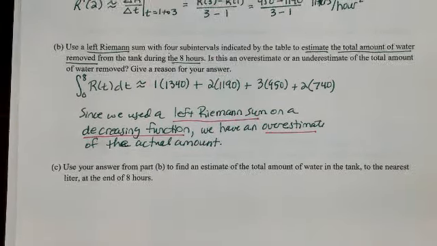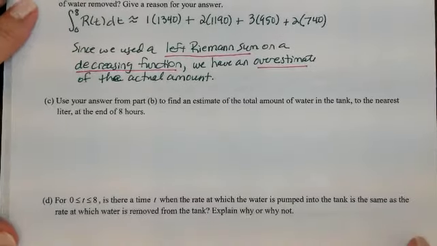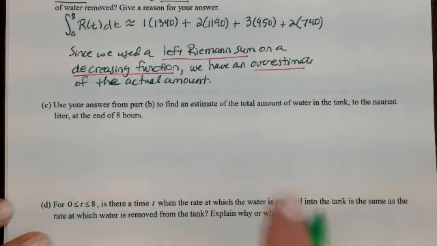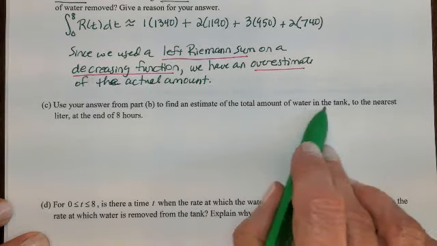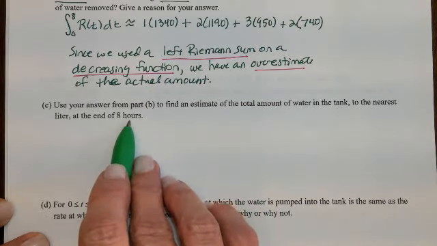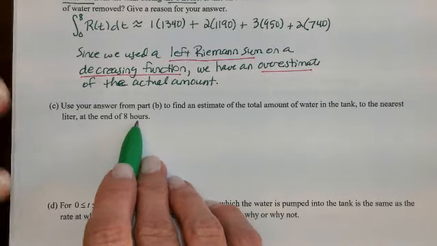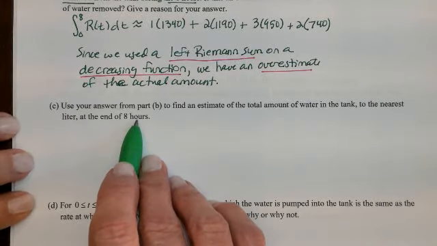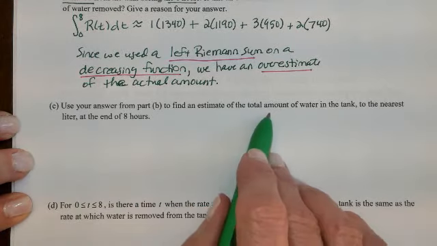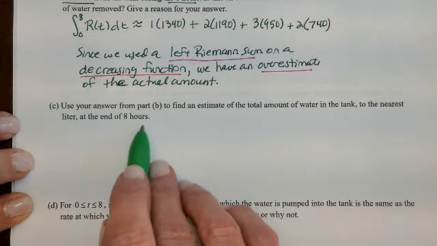Okay. All right, part C. Use your answer from part B to find an estimate of the total amount of water in the tank to the nearest liter at the end of 8 hours. Okay. So this goes back to what we did on the last topic with our rate in, rate out problems. We want the total amount of water at the end of 8 hours.